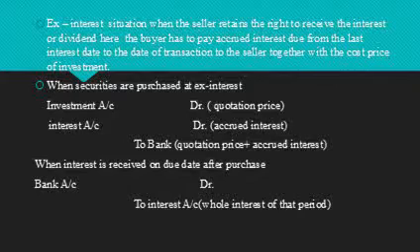When securities are purchased ex interest, investment account is debited with the quotation price, interest account is debited with the accrued interest, to bank account. Bank account contains both the quotation price plus accrued interest. Here it is excluding interest, therefore it should be separately added. The interest is received on the due date after the purchase: bank account debited to interest, for the whole of the interest.